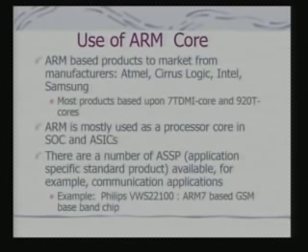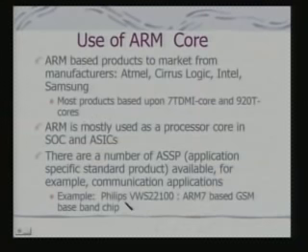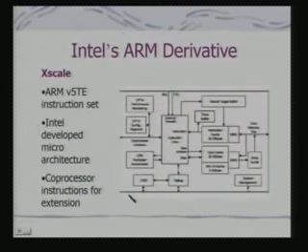They have all made products out of it. And ARM is mostly used as a processor core in SoCs and ASICs as well. There are example communication chips built by Philips which has got a GSM add-on to the basic processor. So you will find all such variants coming from a number of manufacturers.